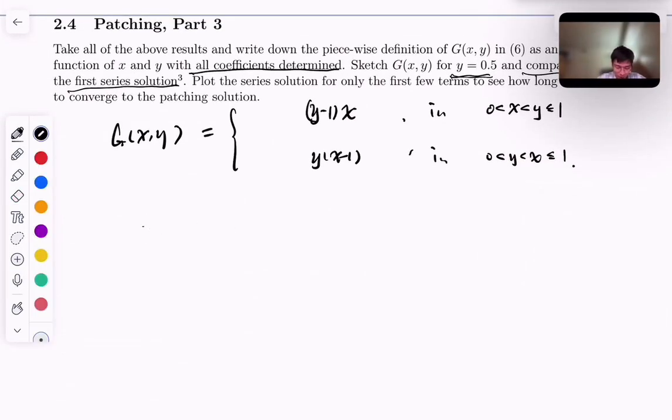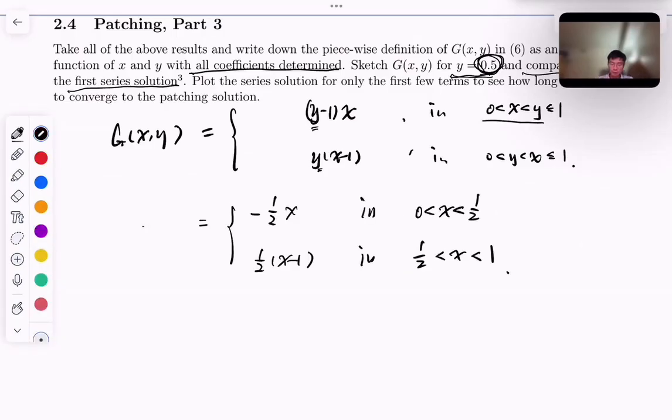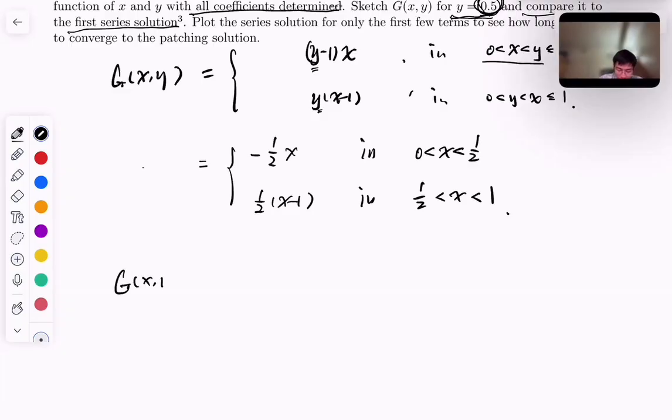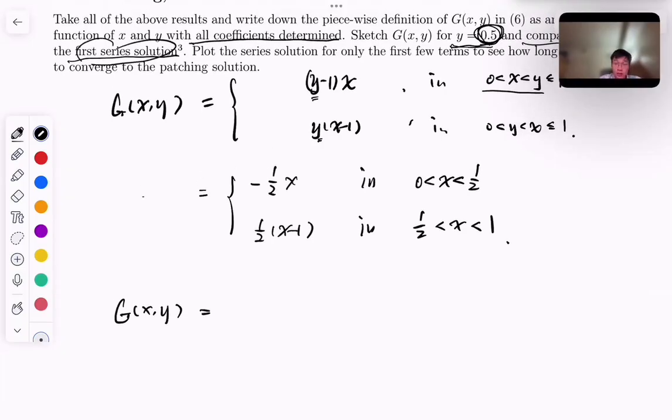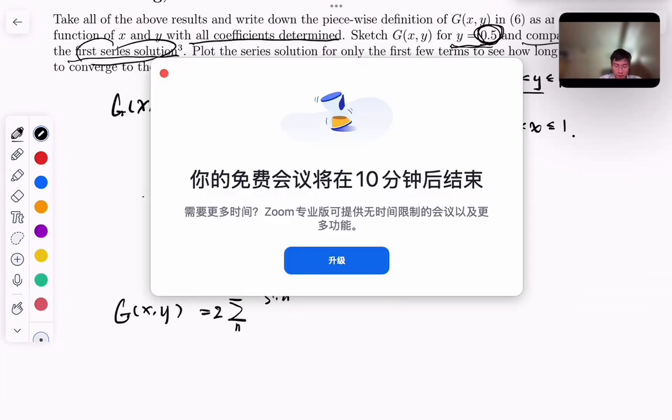Let's first write y equals 0.5. And g(x,y) for the first series solution is equal to 2 sine pi x sine pi y, divided by pi squared minus k squared.